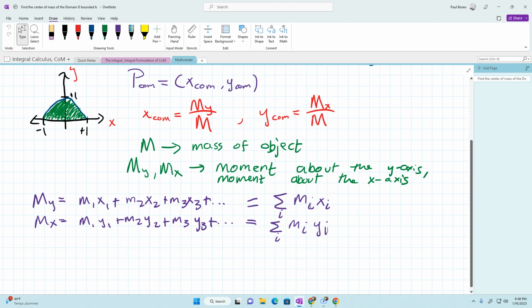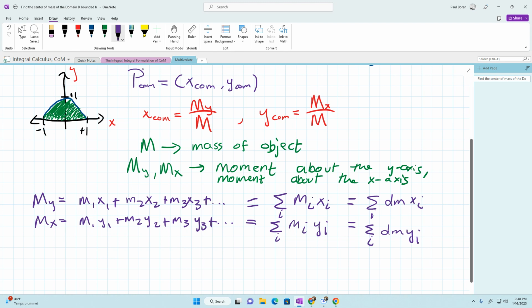So if we convert this to a continuous object, we can now write our summation like this. Instead of m sub i, we'd have some dm, where dm represents an infinitely small amount of mass. We have the same thing for this.